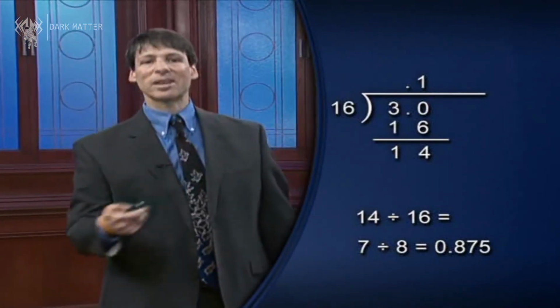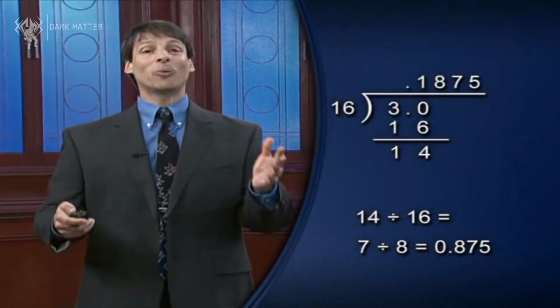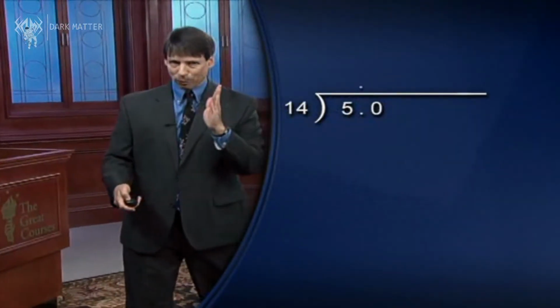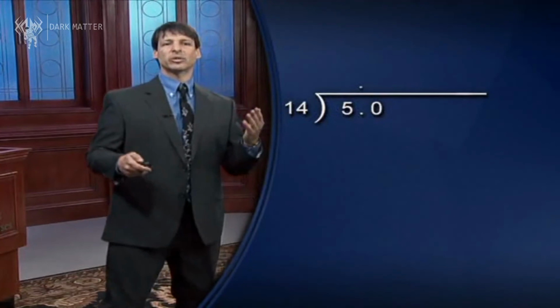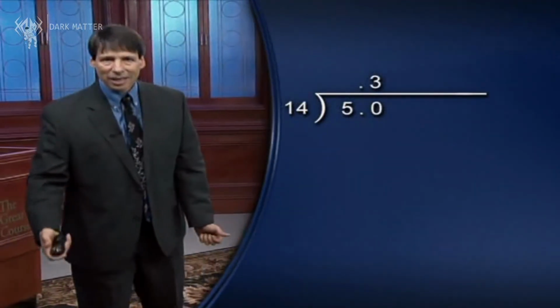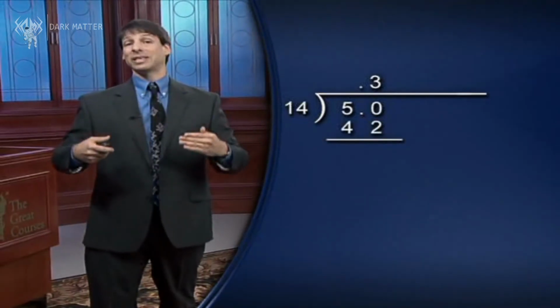So you can now say the rest of your answer, 0.1875. Here, let's do the fraction 5/14. Okay, so we start by saying decimal point. Then 14 goes into 50 3 times. Go ahead and say the 3. 50 minus 42 is 8.